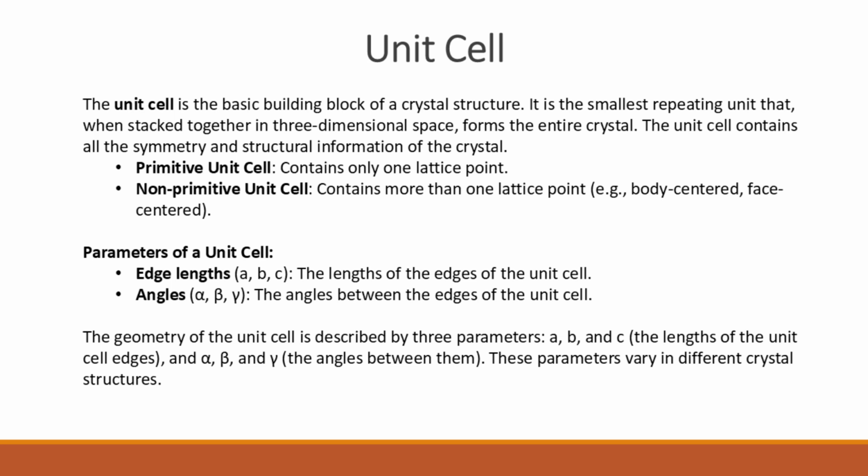Imagine these as the dimensions and angles that define the unique shapes of our crystal's fundamental building block. Each crystal structure will have its own unique set of these parameters, making every crystal structure special and distinct.